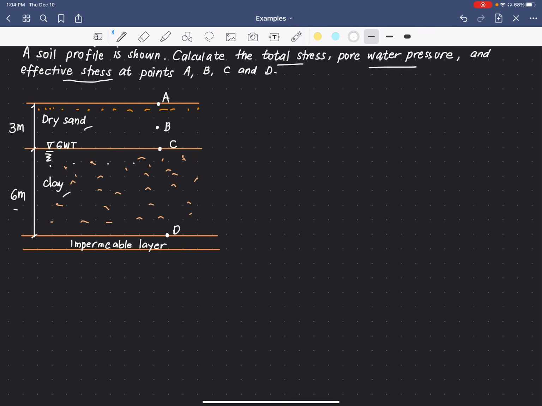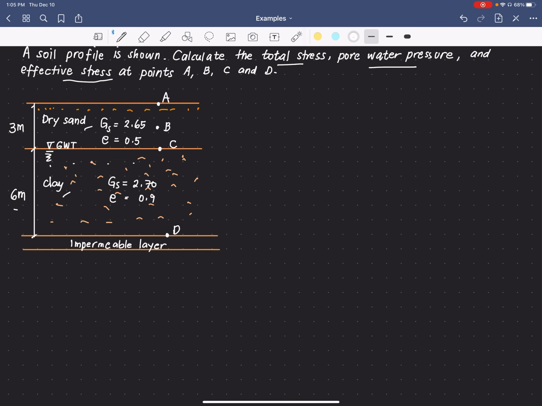For the dry sand, we are given the specific gravity of 2.65 and a void ratio of 0.5. While for the clay layer, the specific gravity is given to be 2.7 with a void ratio of 0.9.